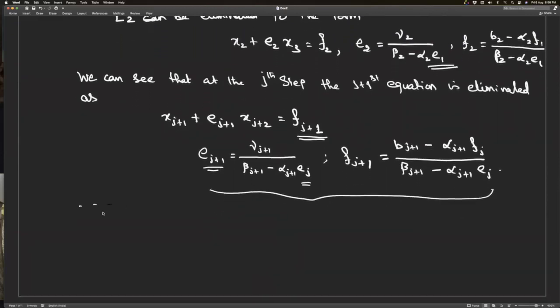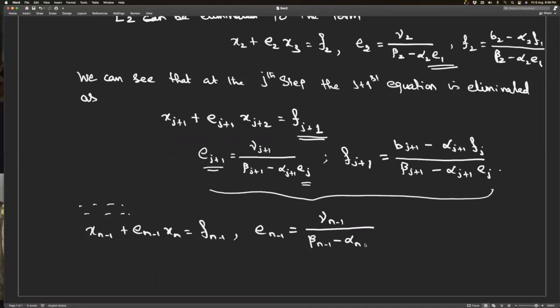Now you can continue this till the last equation, where the last but one equation is given by x n minus 1 plus E n minus 1 xn is equal to F n minus 1, where E n minus 1 is equal to, as you can get from the above expression, gamma n minus 1 divided by beta n minus 1 minus alpha n minus 1 into E n minus 2.